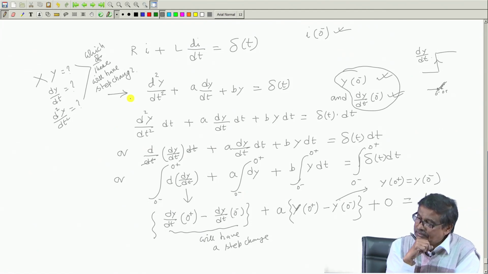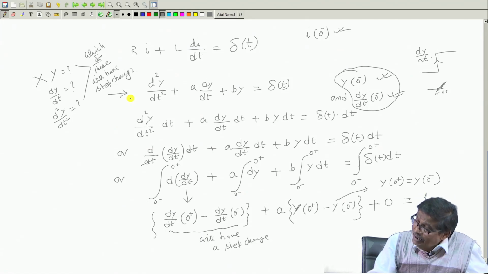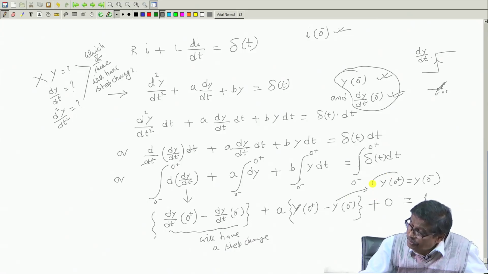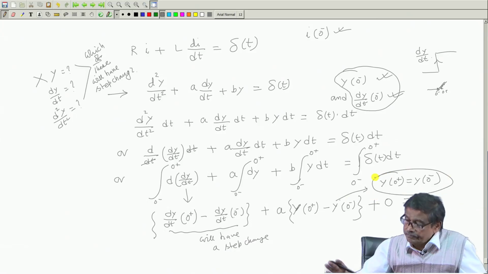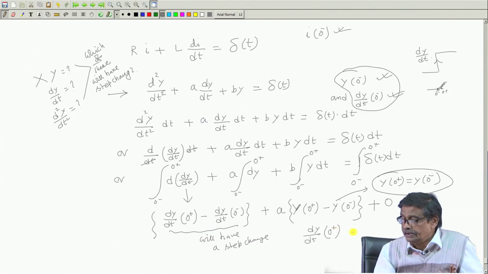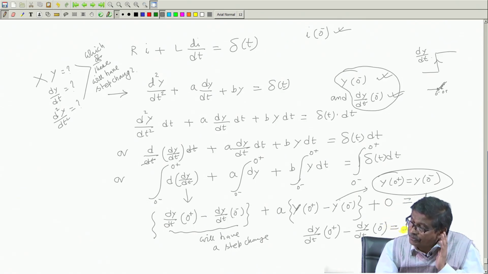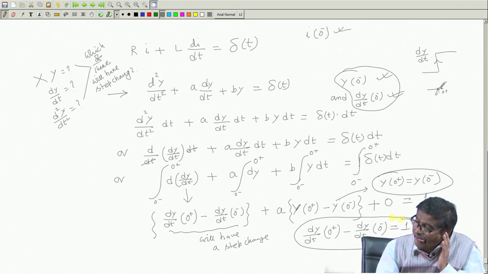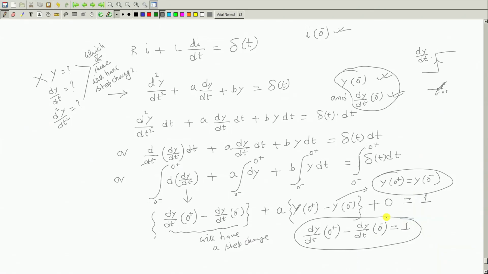How can this happen? So, y 0 plus has to be equal to y 0 minus, and therefore, very interesting, dy dt 0 plus minus dy dt 0 minus must be equal to 1. So, you have been provided with how many boundary conditions? These two.